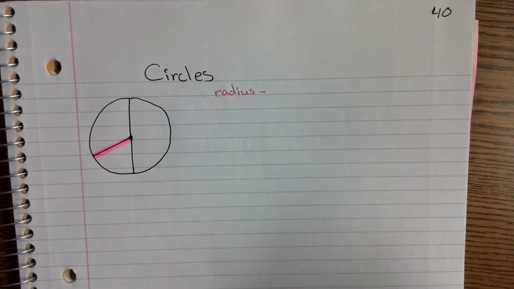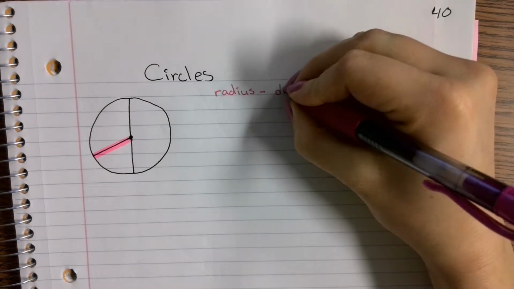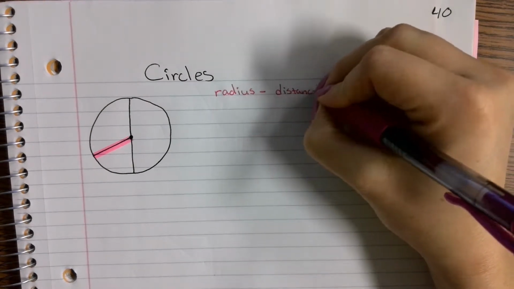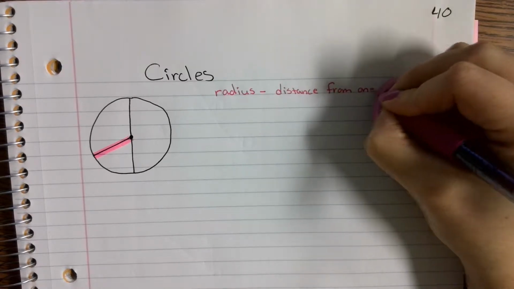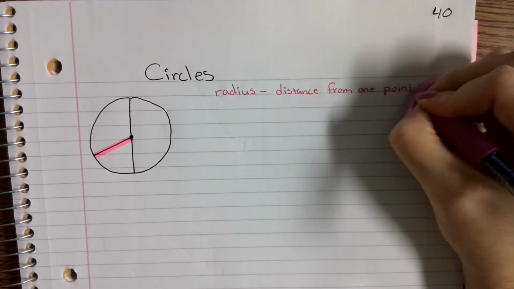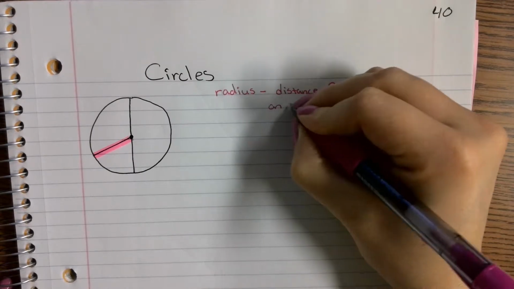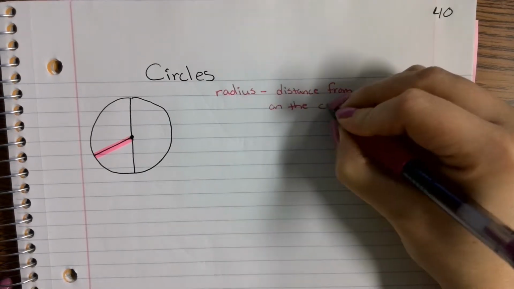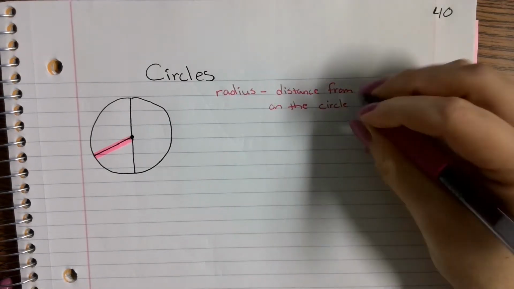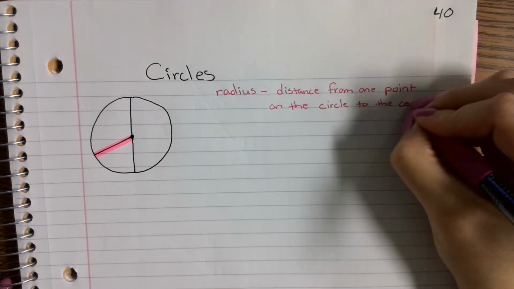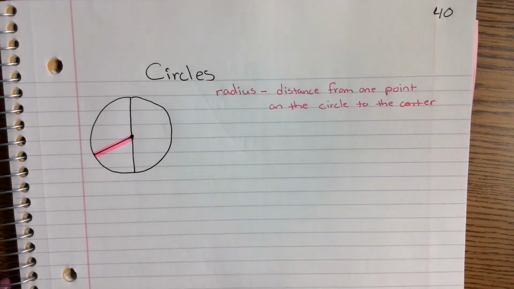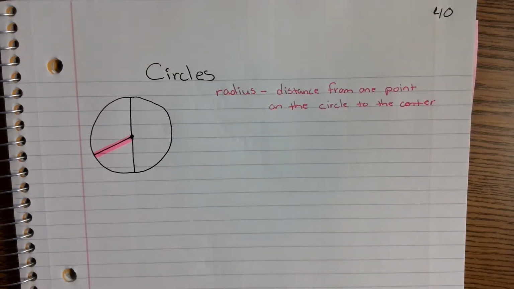And the radius is just the distance from one point on the circle to the center. One point that's on the circle stretched to the center.